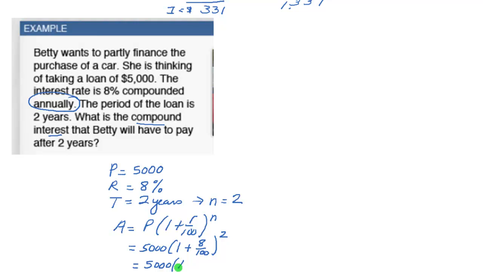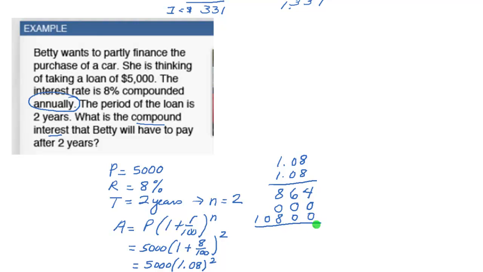This is 1.08. Right, 8 hundredths is 0.08. And we're going to square that next, because exponents go before multiplication.